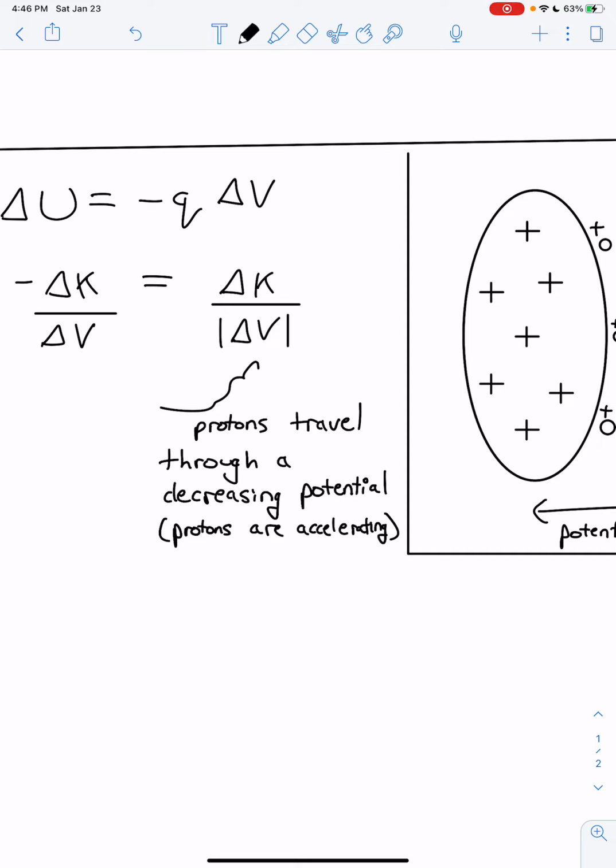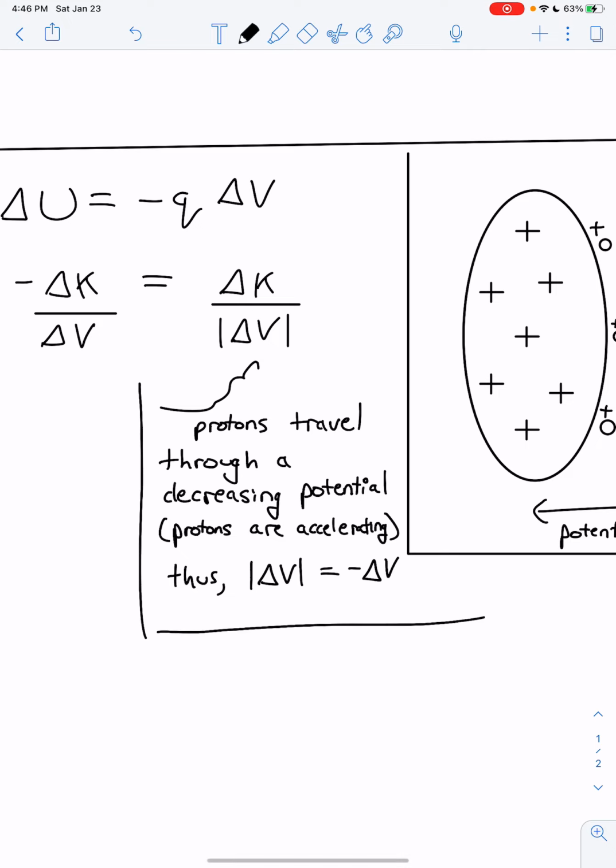So in this case, positively charged protons are going to accelerate through this decreasing potential. Okay, so that's just a little aside to get a sense of what the signs are.